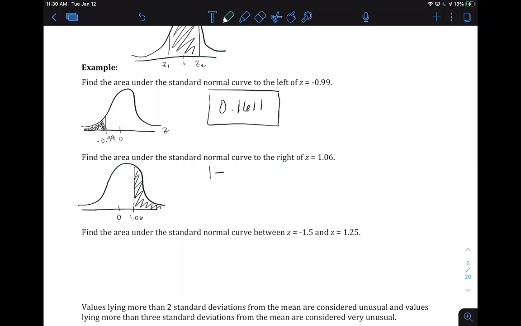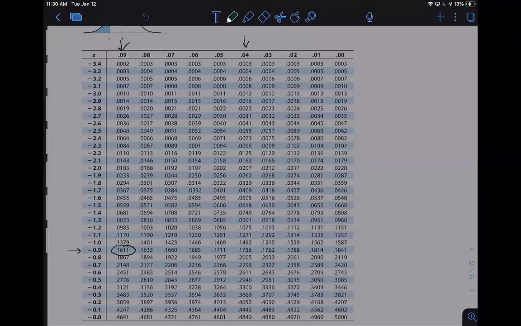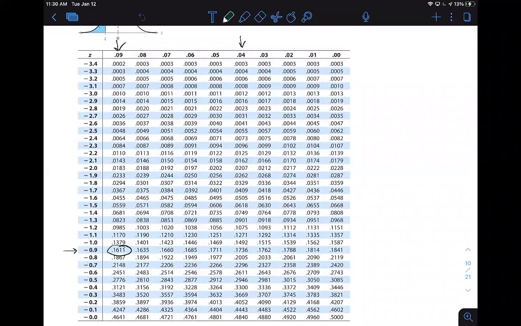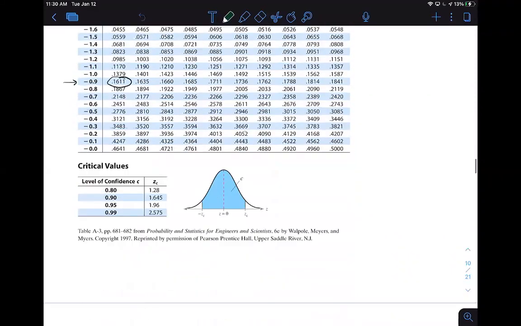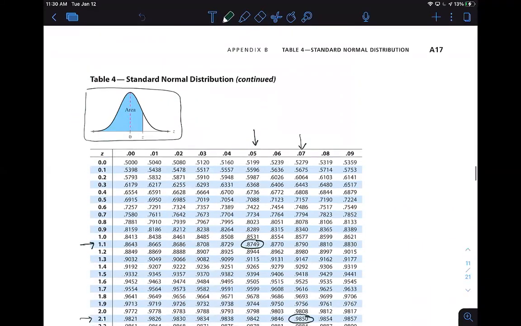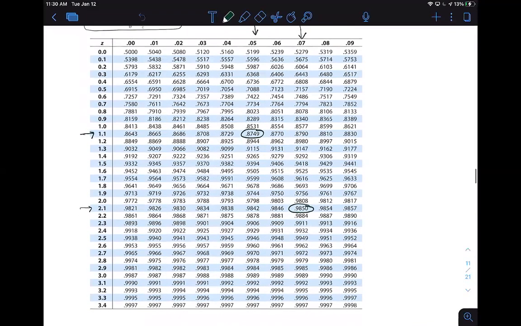So look at your table. Go to your positive side, and then look at 1.0 and then 6 from the top. And what do you get? 1 minus 0.8554. Correct.